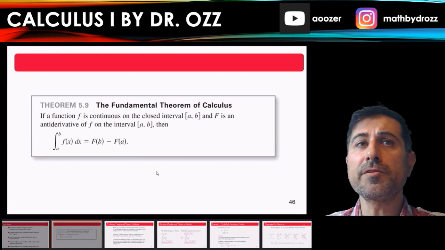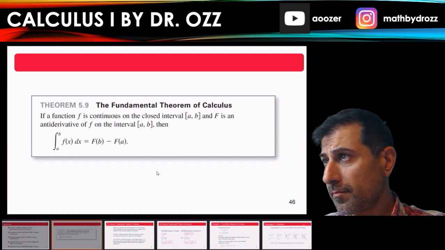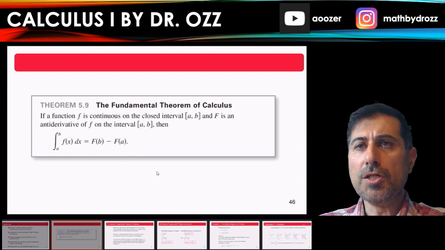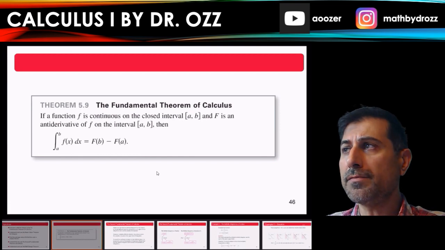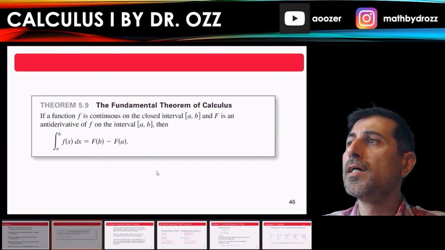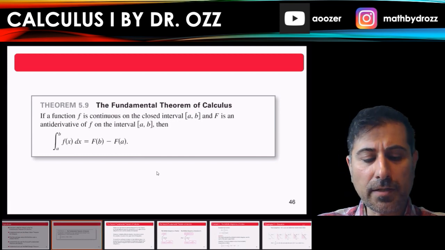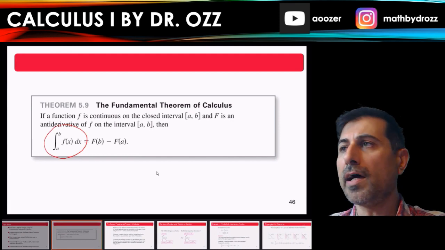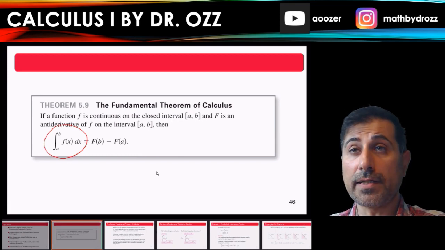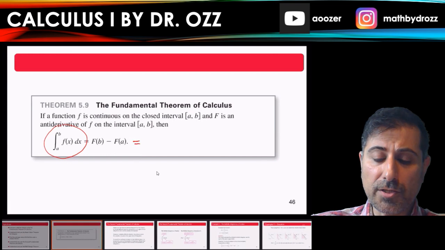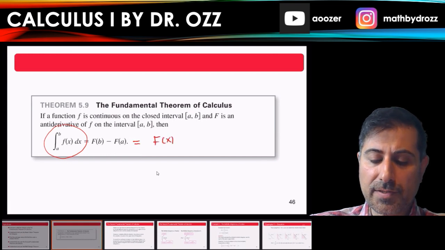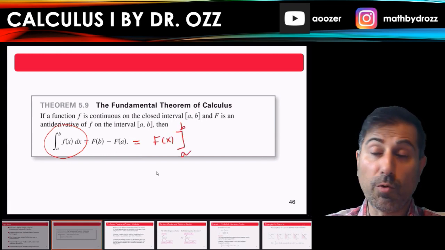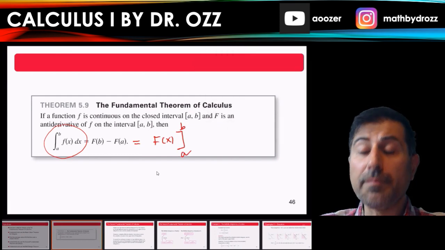If you have a continuous function on the closed interval [a, b], and if you know an antiderivative of little f, call it capital F, then the definite integral from a to b of f of x dx is defined as the antiderivative of little f evaluated at b minus the antiderivative of f evaluated at a. And we use the bracket notation here, with a lower limit and an upper limit.